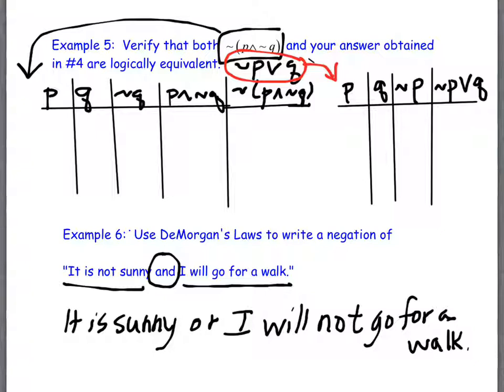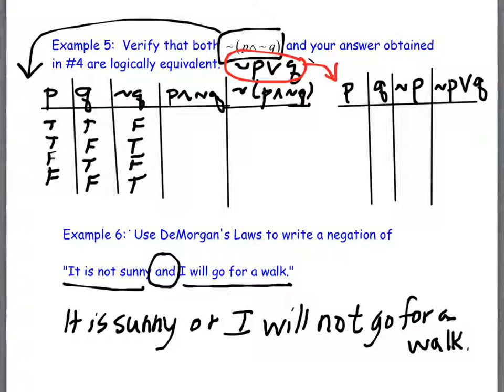Now the columns start out the same way. They all start out true, true, false, false, true, false, true, false. So somebody tell me what the negation of Q column should say. False, true, false, true.